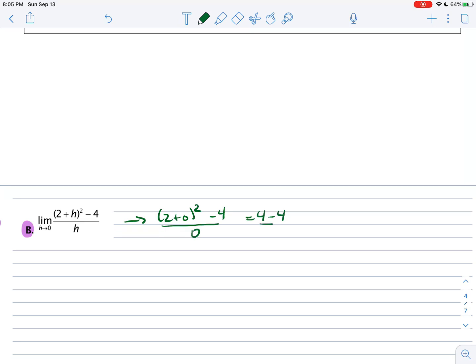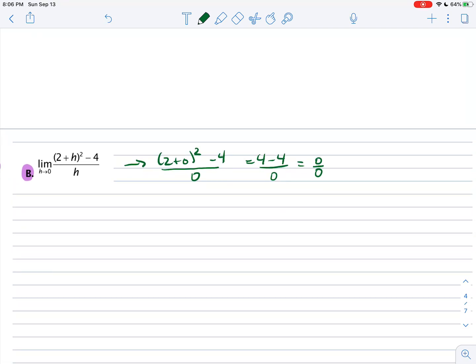And I notice that I get 4 minus 4 over 0, which is 0 over 0. So that tells me to algebraically manipulate. So how can I algebraically manipulate this expression? I'm going to want to factor out the h. Just like with our difference quotients, I'm going to simplify the numerator. In simplifying the numerator, I end up with 2 plus h times 2 plus h minus 4 over h.